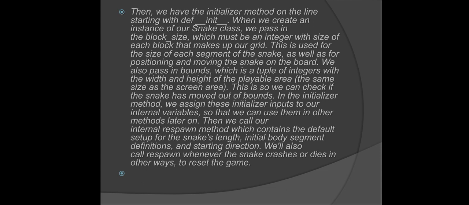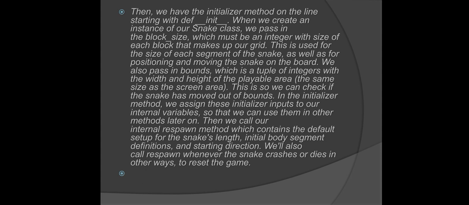We also pass in bounds, which is a tuple of integers with the width and height of the playable area, the same size as the screen area. This is so we can check if the snake has moved out of bounds. In the initializer method, we assign the initializer inputs to our internal variables so that we can use them in other methods later on.